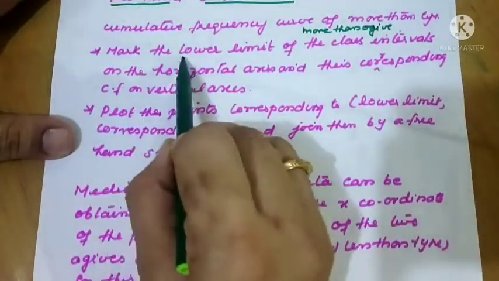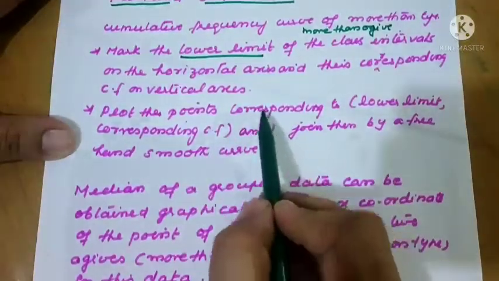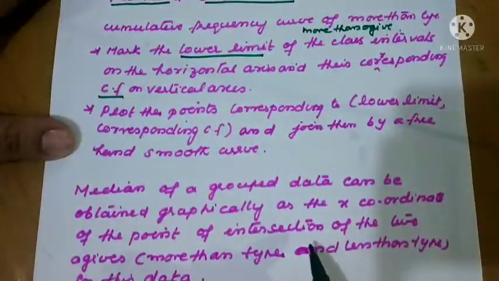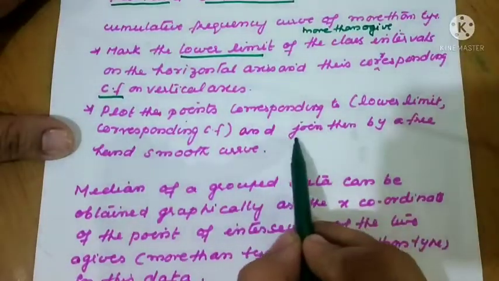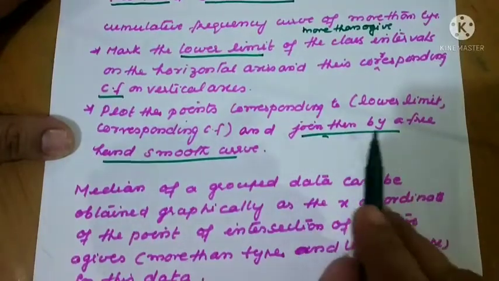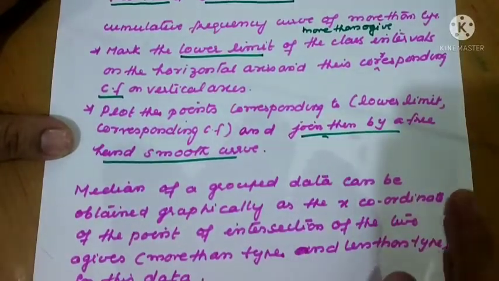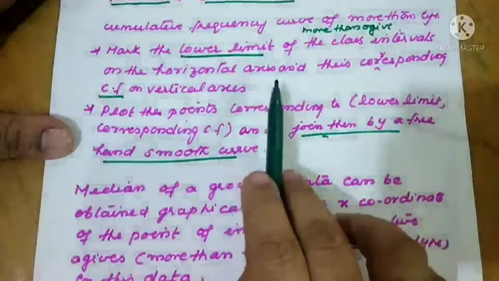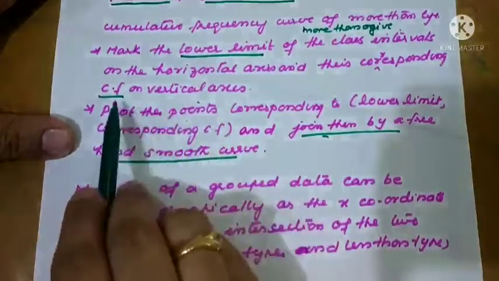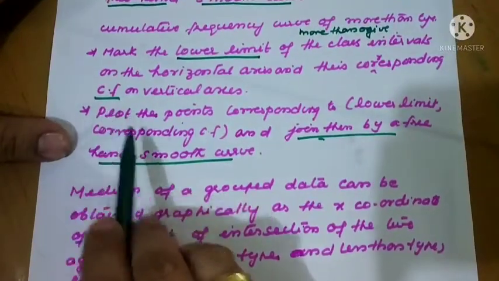Mark the lower limit on the horizontal axis and the corresponding cumulative frequency on the y-axis. Plot the points corresponding to them and join them by a freehand smooth curve. You can understand the steps more clearly while doing the graph. So for more than type, the x-axis takes the lower limit and the CF goes on the y-axis.